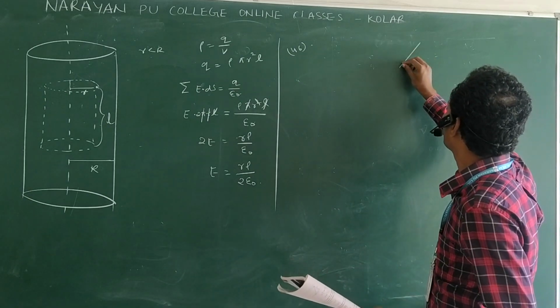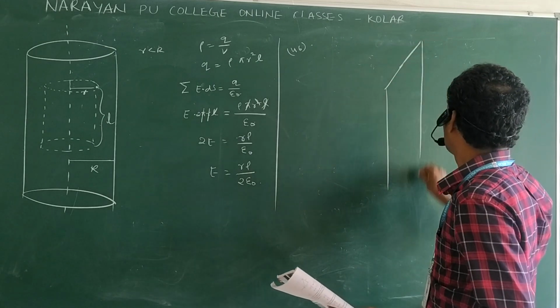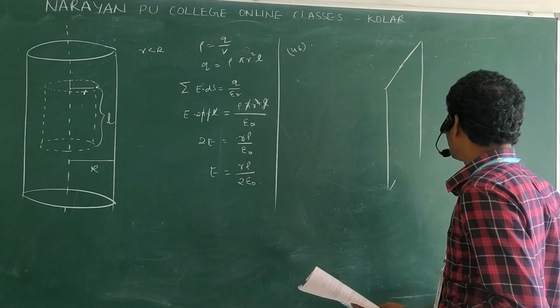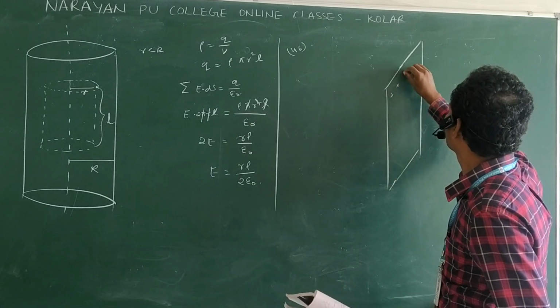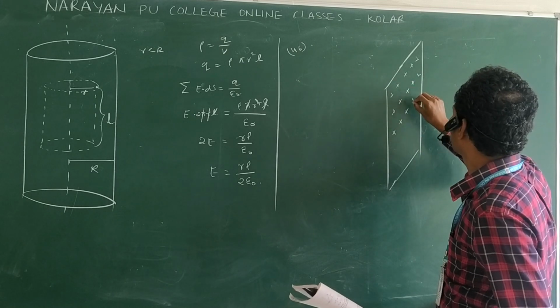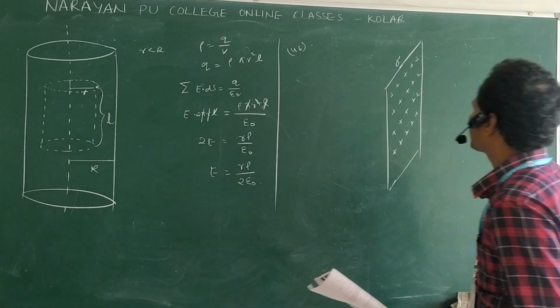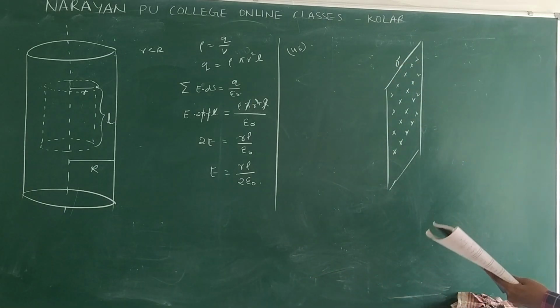Now we have a charge sheet like this. Clear? So the surface charge density is sigma.